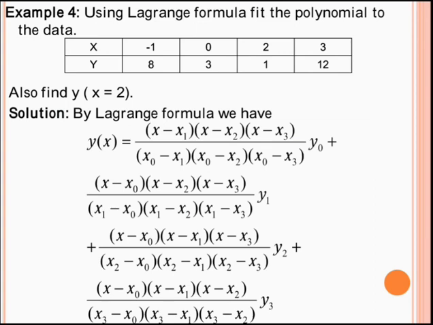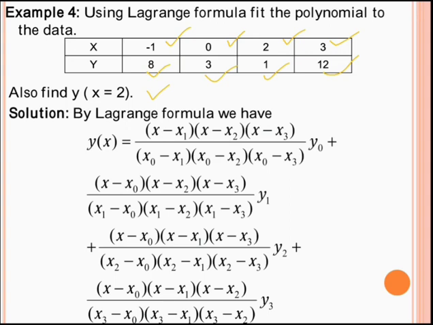Using the Lagrange formula, fit the polynomial to the data. Also find y at x equal to 2. See, again I am given x0, x1, x2, x3, y0, y1, y2 and y3. As discussed in Newton's forward formula, whenever we have to find a polynomial, we have to keep x as it is.